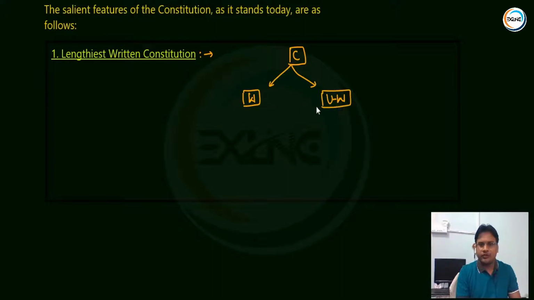Written constitution is the example of the American constitution and unwritten constitution is the example of the British constitution. ठीक है, so written and unwritten है. So the Indian Constitution falls into the category of written constitution. And the Indian Constitution is the world's lengthiest written constitution. It is called the elephantine structure of the Indian Constitution.